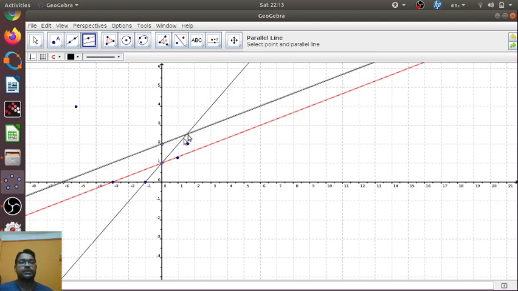So here, even though the feasible region is unbounded, we get something different here.